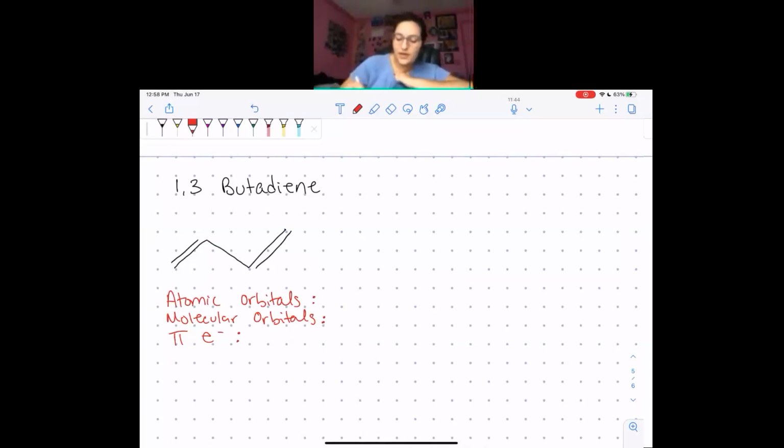So when we draw our orbitals, I'm going to go ahead and draw them in red. And they're kind of wonky, but you get the point. So in each one of these orbitals, we know we have a double bond, right? So how many pi electrons will there be in each one of these p orbitals?